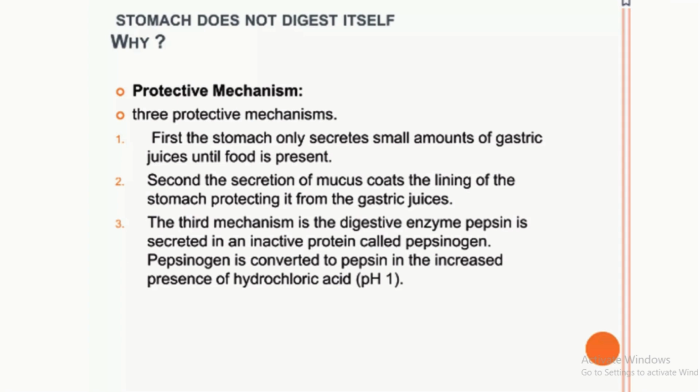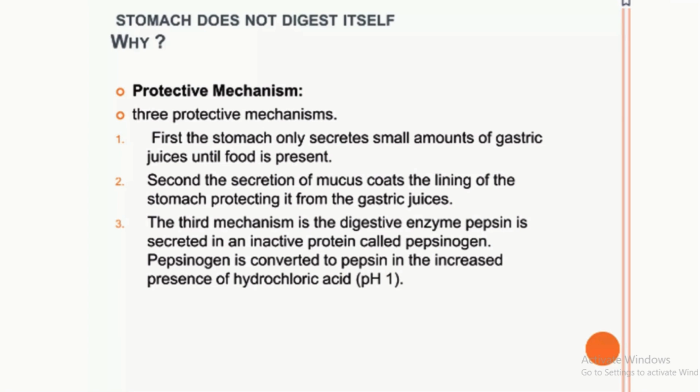So pepsinogen is converted to pepsin in the increased presence of hydrochloric acid. If the hydrochloric acid is present in a high amount, then the pepsinogen will convert into pepsin. Otherwise, it is present in inactive form. That's why these three reasons prevent the stomach from being digested by the gastric juices.